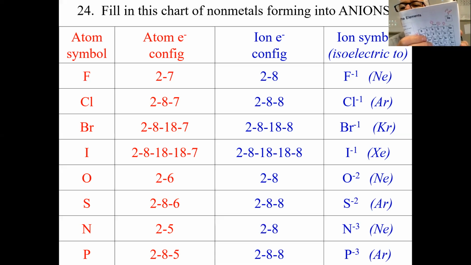No ions. So on the metal side, we got +1 for group 1, +2 for group 2. Then we got aluminum by itself that makes a +3. And then up here, we got no ions in noble gases, -1s, -2s, and -3s.